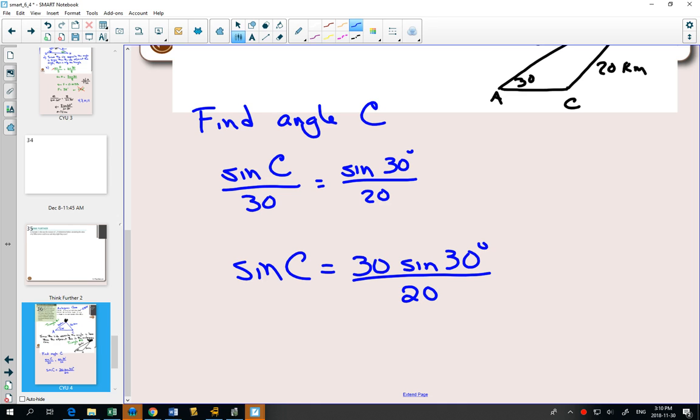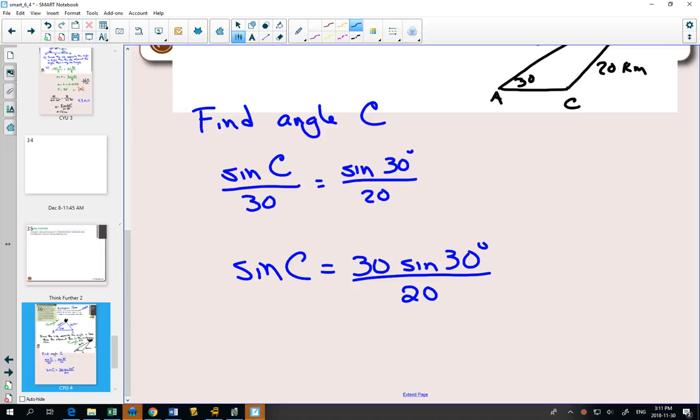So sine C equals 30 sine 30 degrees over 20. Without your calculator, figure that out to 2 decimal places. No, it's true. This one you could, because 30 degrees is one of the ones you know. It's 1 over 2. Good. So this is 1 over 2.